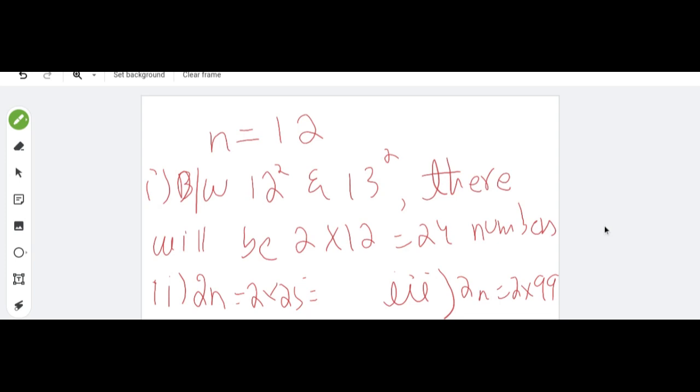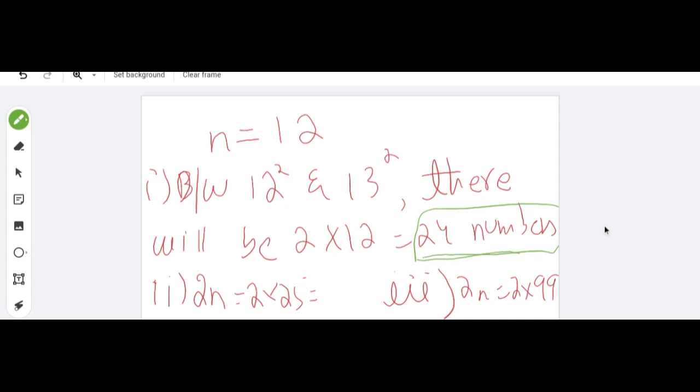We don't have to find the names of the numbers, they ask how many numbers, like we have to give the quantity.